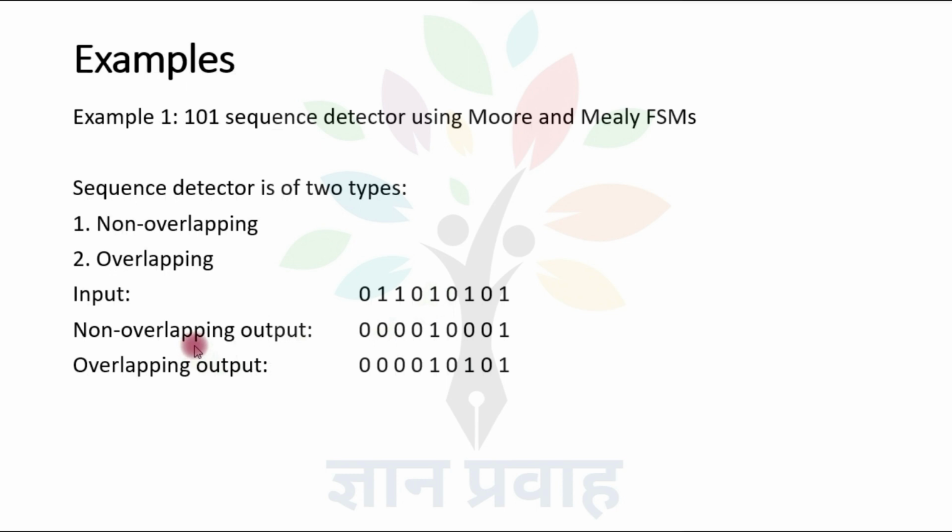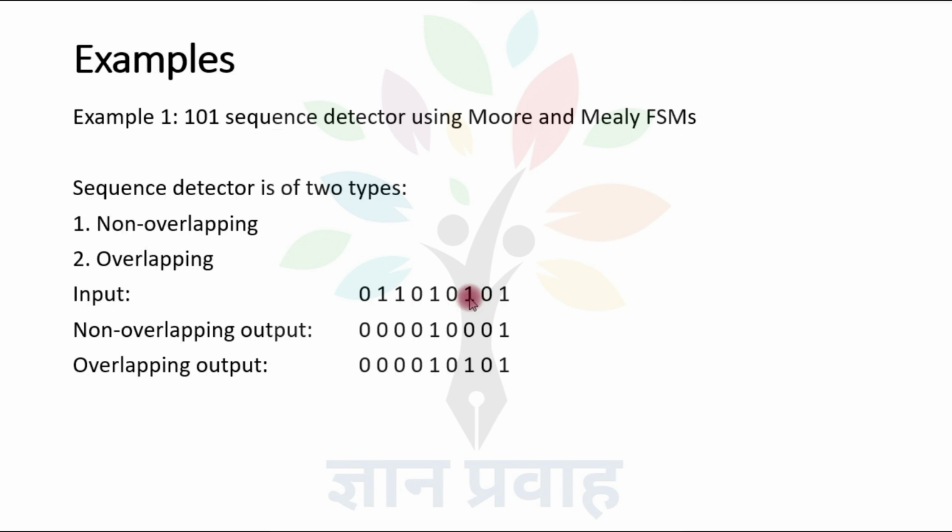What about the non-overlapping output? This one is already included for generating a sequence, so it cannot be used for further making a sequence. It means the output will be 0 here. But in case of overlapping, it will be 1 because this one can be used for the next sequence generation.